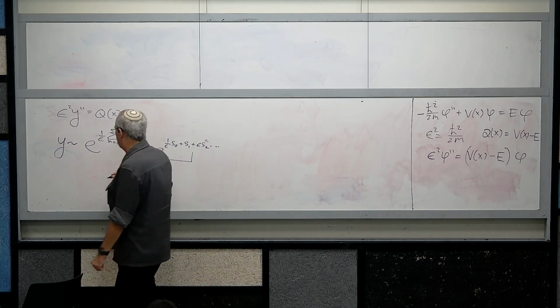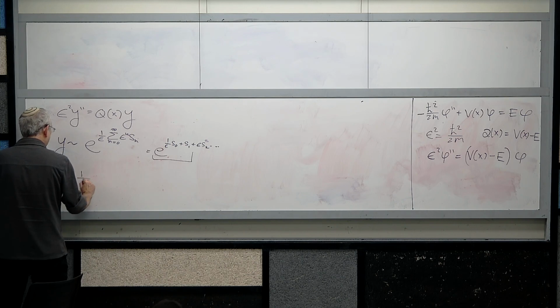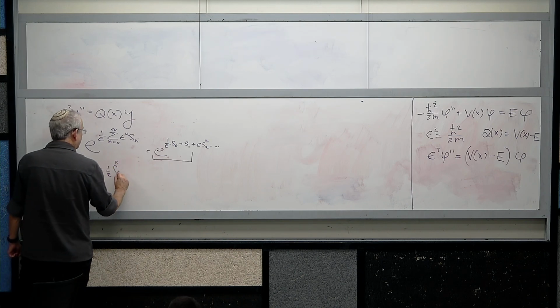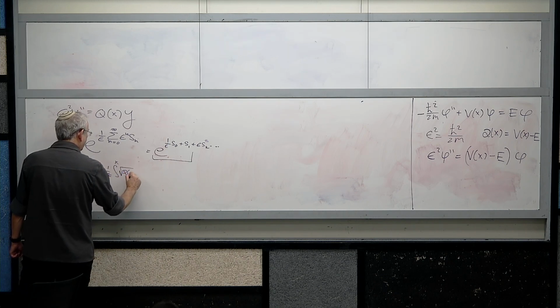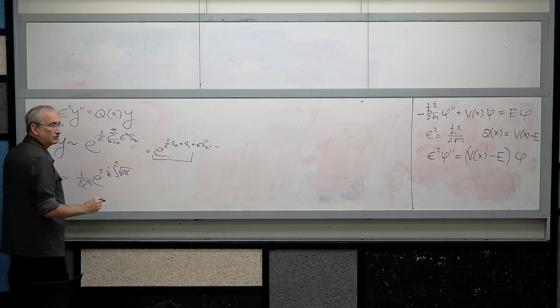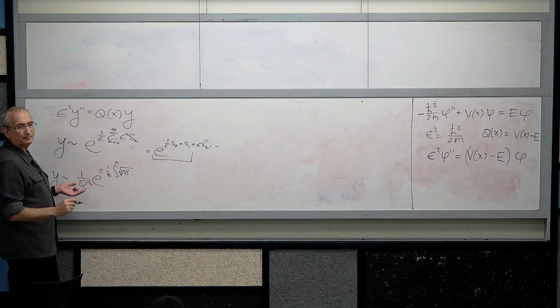And we finally arrived at y proportional to 1 over q to the power of 1/4, e to the plus minus 1 over epsilon times the integral up to x of the square root of q, let's say t. No, t is not good, t will look like time. S is not good because I'm using S here. X is not good.